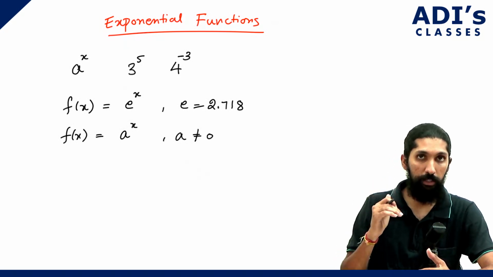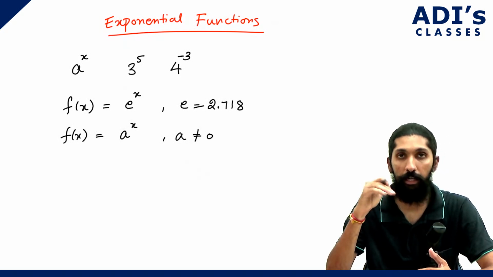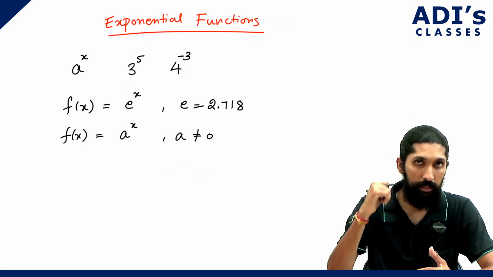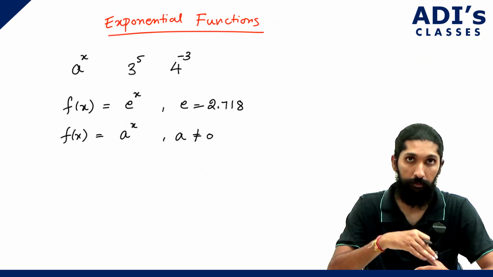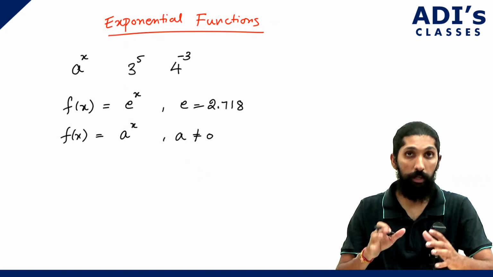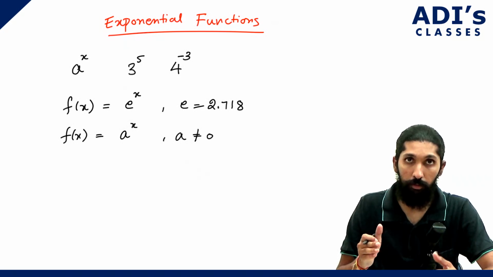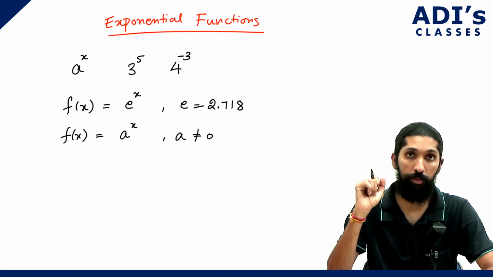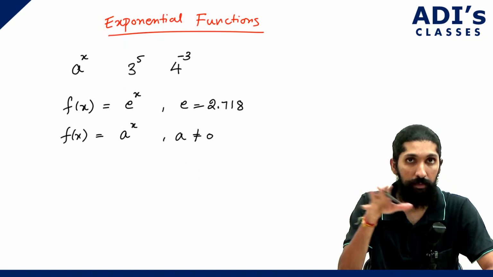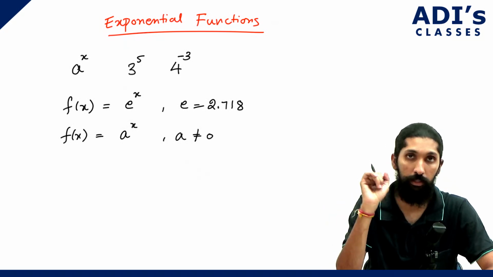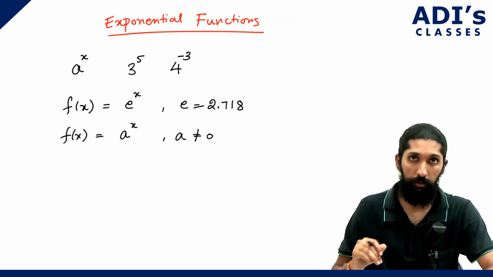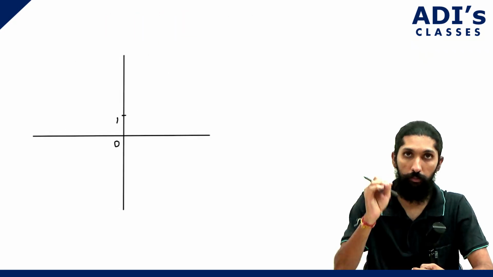Now, the difference between e power x and a power x, we can discuss very easily over a graph. Let's plot a graph of these two and look at how they're different from each other, or whether there are any similarities and differences between them. What we have right now is the x and y axis.